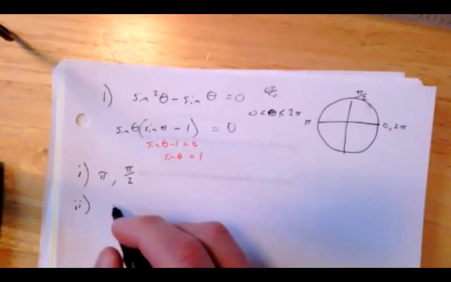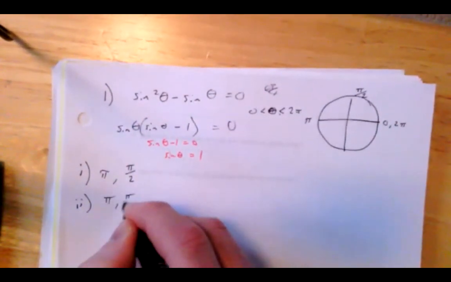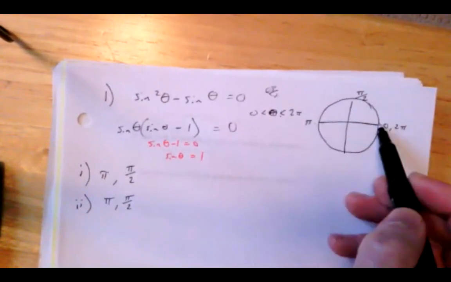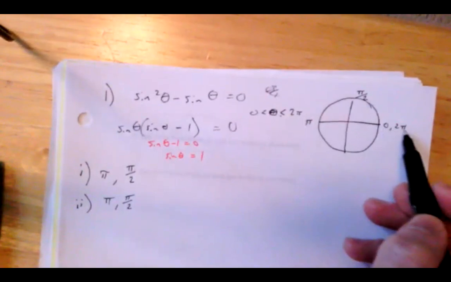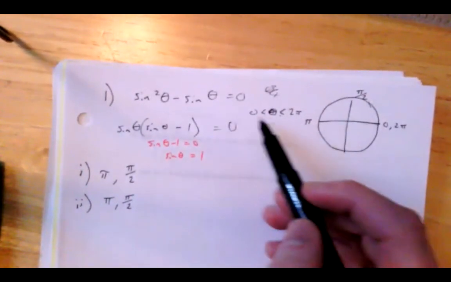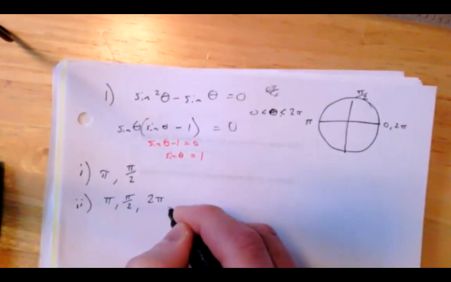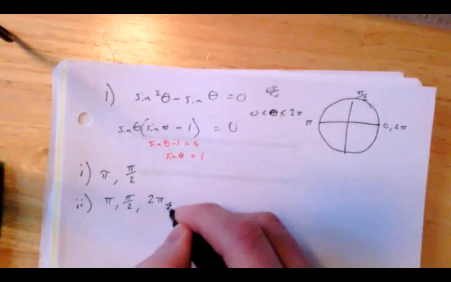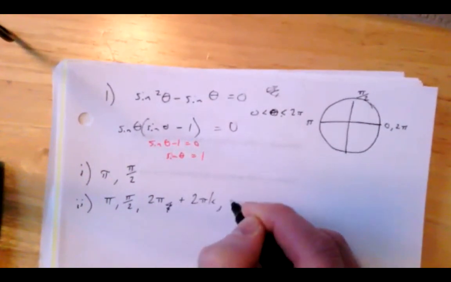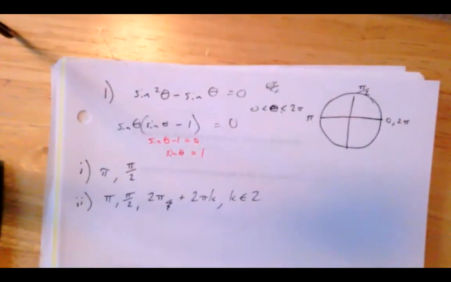So a little tiny trick here: notice we've got pi, pi over 2, but also 0 and 2 pi were answers that we had to exclude because of the parameters, so we can add them back now. So: 0 plus 2 pi k, where k is an element of integers.